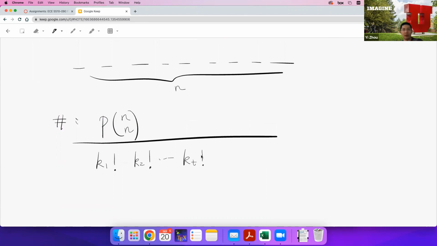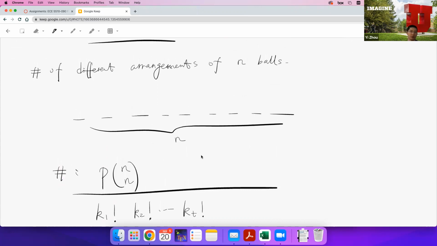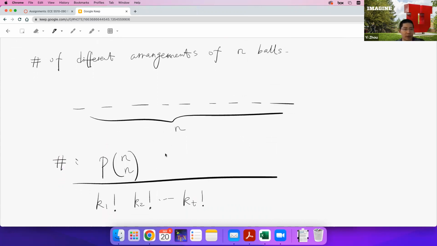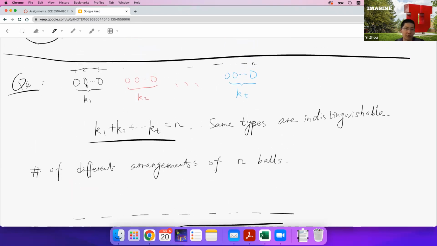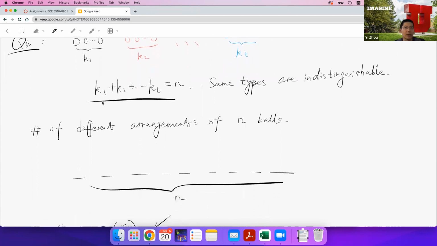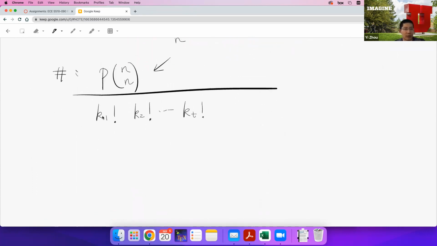So this is how you get this result. You first assume everything's different, so this is the total number of ordered lists. But then the permutations among the balls that have the same color are actually treated as the same order. So you just divide all the cases by these different factors.